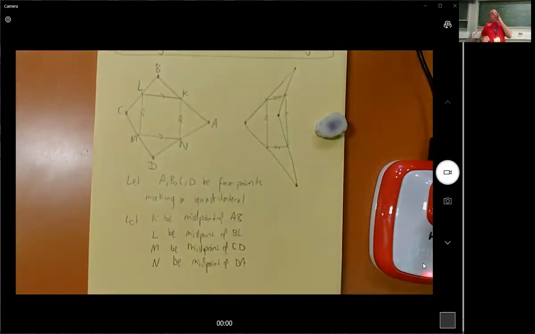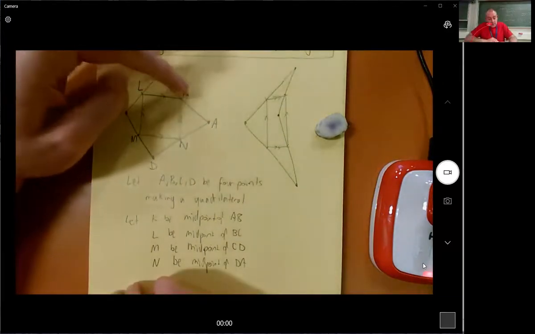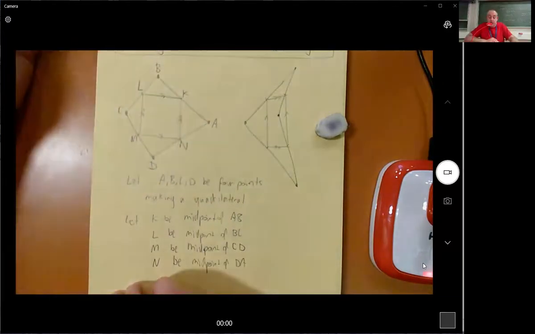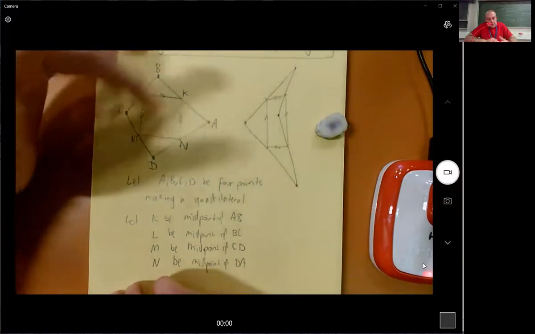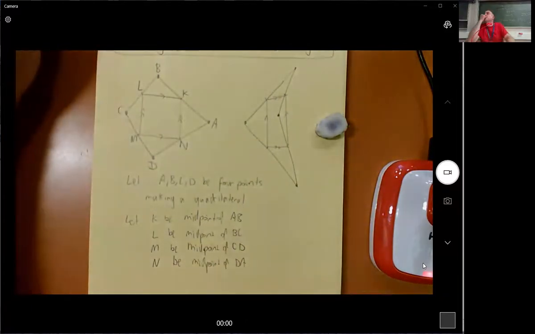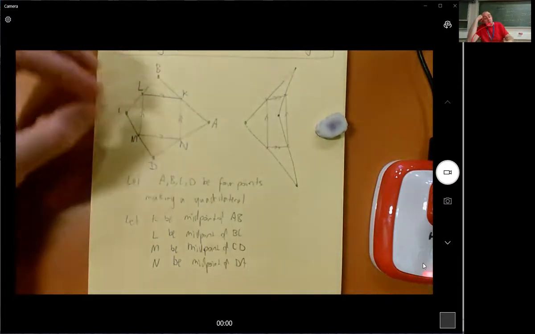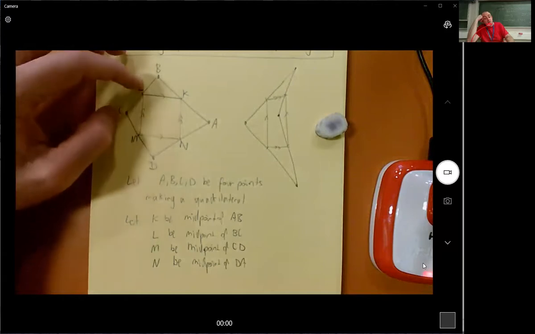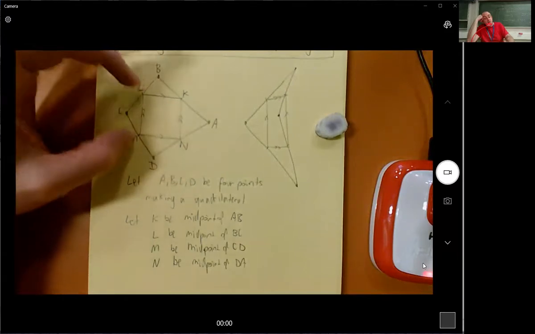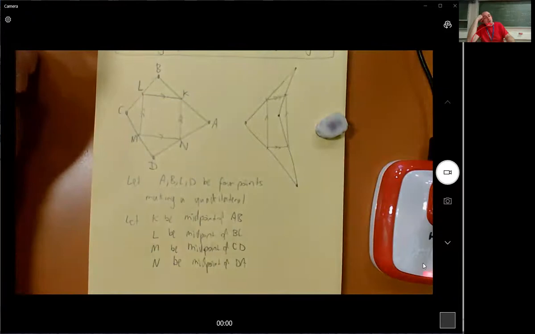Okay, so our goal is to show that KL and MN are parallel and that LM and KN are parallel. And actually, if they're an actual parallelogram, they won't just be parallel, they'll actually be the same length as well. So the vector from M to L or L to M is the same vector as the vector from N to K. So that's useful.